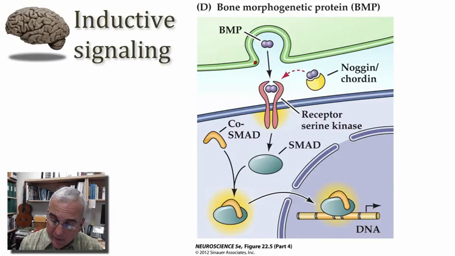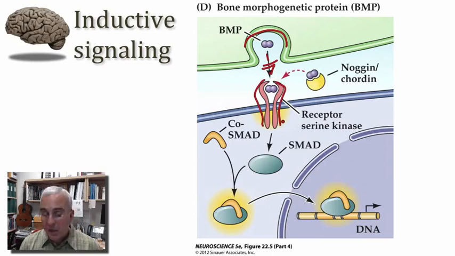Here we see BMP being secreted by one kind of cell, and it interacts with this receptor. The receptor is what we call a serine kinase. So this means that it phosphorylates a serine residue in target proteins. And this serine kinase phosphorylates a transcriptional regulator called SMAD, or SMAD for short.